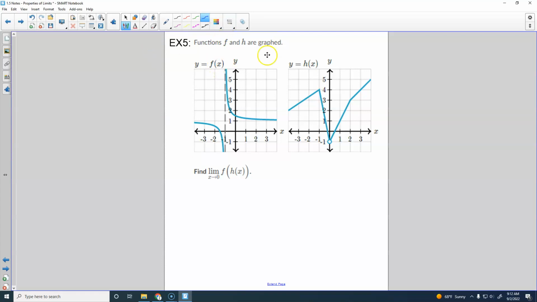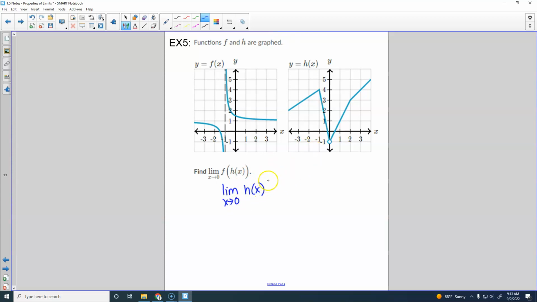Make sure you pay close attention to which one's f and which one's h, especially when you do your Delta Math on this, because Delta Math sometimes will put f first and g second, and then sometimes g first and f second. There's not a standard way they're listing those, and you might be looking at the wrong graph. So watch out for that. So we would need to look at the limit as x approaches 0 of h of x.